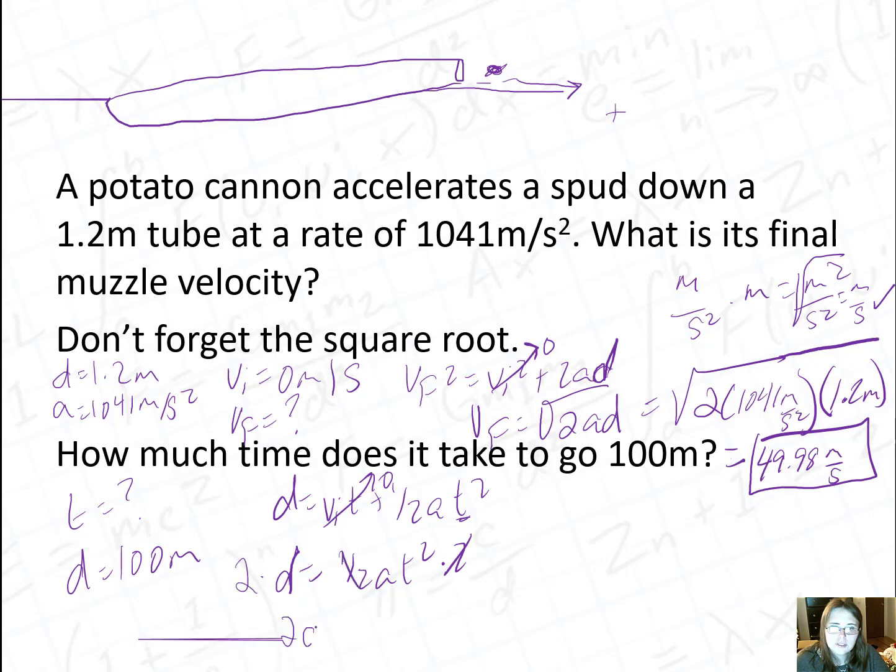So then it's 2D. Hold on. Sorry, it is 2D is equal to AT squared, divided by A. So then T is equal to the square root of 2 times the distance divided by the acceleration.